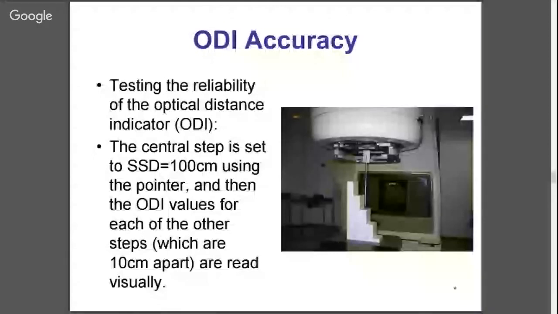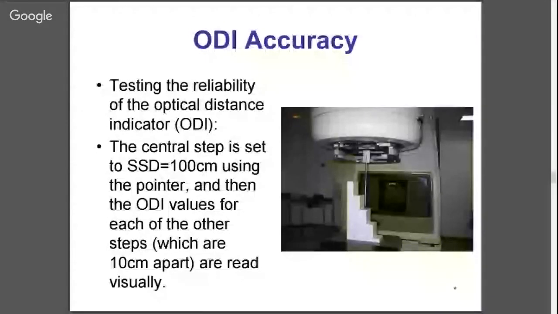The tip of the front pointer is 100 centimeters from the source, the isocenter. Then we move the couch up so that the surface on the step is at the isocenter of the tip, and we check that the optical distance indicator on the surface of the step tells us that it's 100.